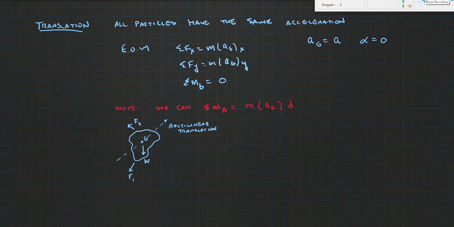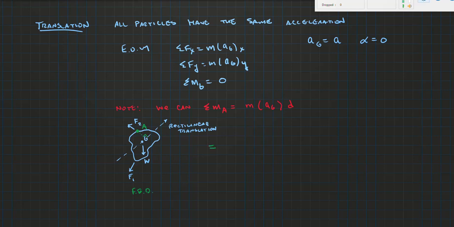Say we have the body as pictured here experiencing rectilinear translation, so every particle in the body has the same acceleration in the direction of motion here. If we picked some point A to sum moments about, say it was here, because that will eliminate this force in the equation that we're going to develop, then we would have a moment summed around that point in our free body diagram.